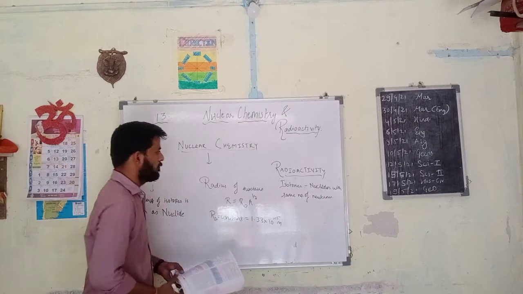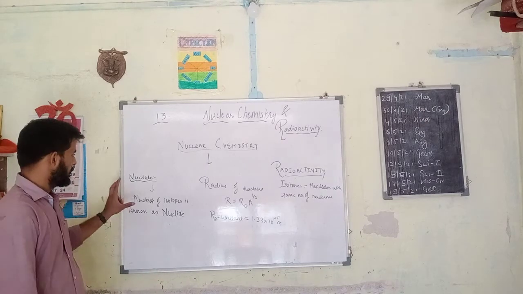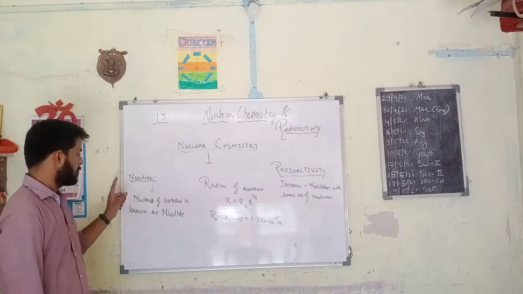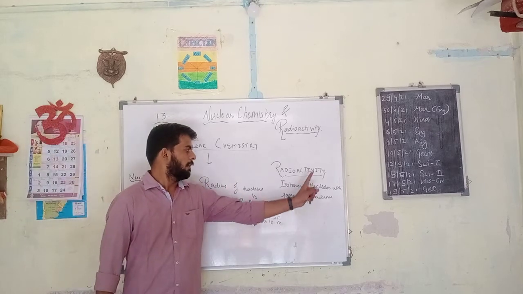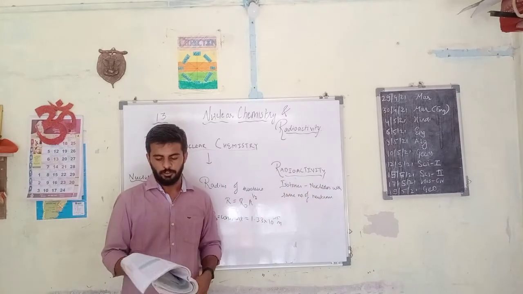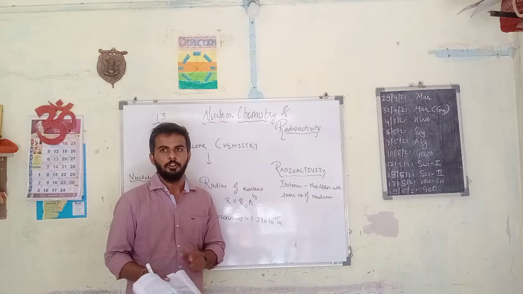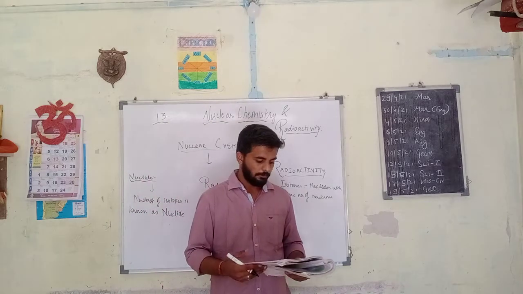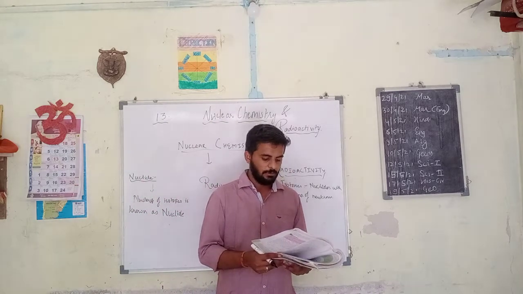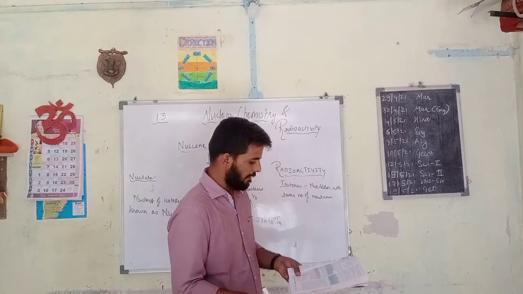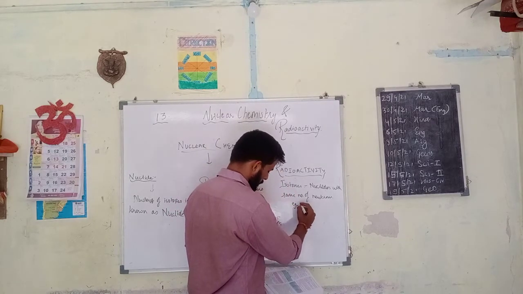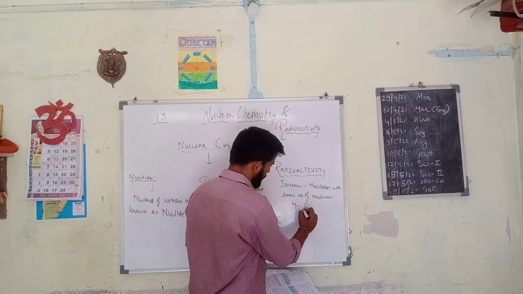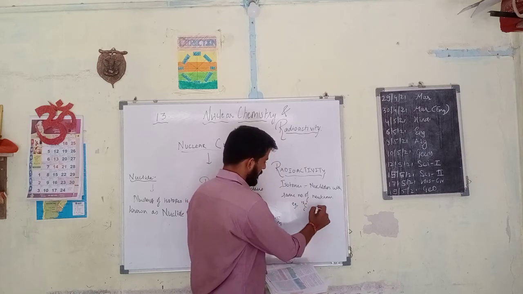So we need to focus on both definitions. A nuclide is the nucleus of an isotope. Isotones are nuclides with the same number of neutrons. Some examples are given for this: first is carbon C6 13, then nitrogen.